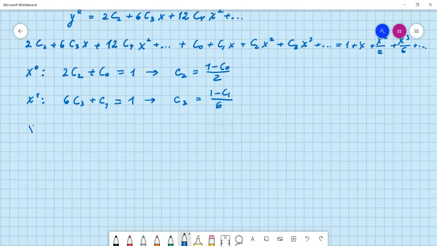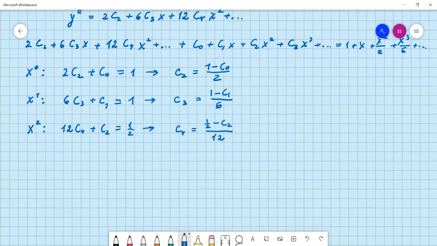Okay, next one is x squared. I have 12c4 plus c2 equals, well, for x squared the coefficient is 1/2, right? So c4 equals (1/2 minus c2) divided by 12. I think I'll need to work a little bit on this expression, 1/2 minus c2.